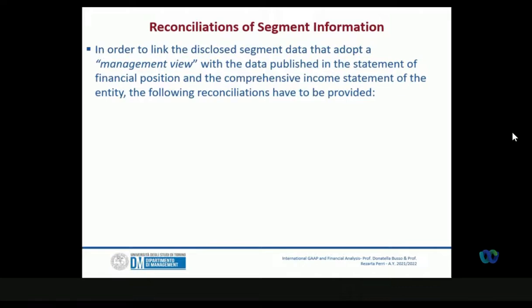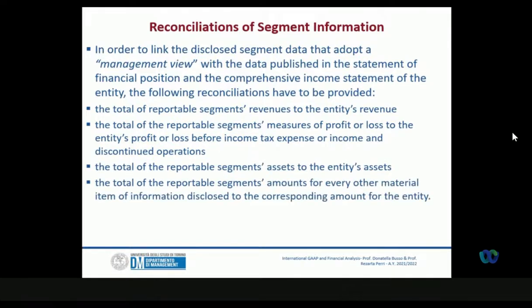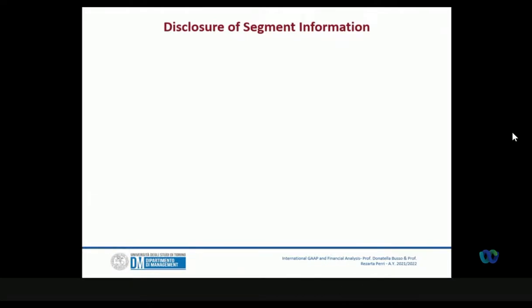Therefore, we have to provide, and we are supposed to find in the financial statements, the reconciliation between the total of reportable segments' revenue to the entity's revenue, the total of reportable measures of profit and loss to the total profit or loss of the entity, the total of the reportable segment assets to the entity's assets, so again, revenue, profit, assets, the three famous thresholds, and the total of reportable segments' amounts of every other material item of information disclosed to the corresponding amount for the entity.